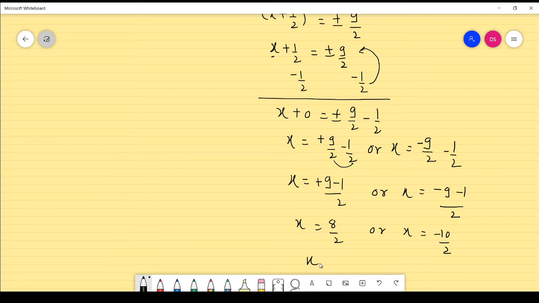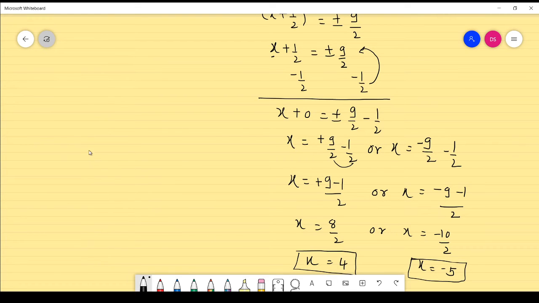So 2 1s are 2, 2 4s are 8, so we got the first root, x equals plus 4, and 2 5s are 10, but there is a minus, so x equals 4 and x equals minus 5.